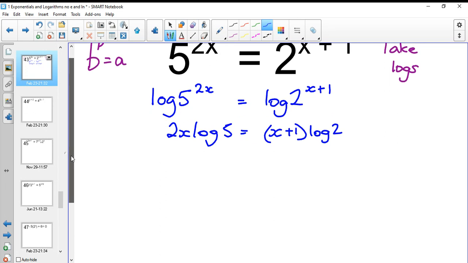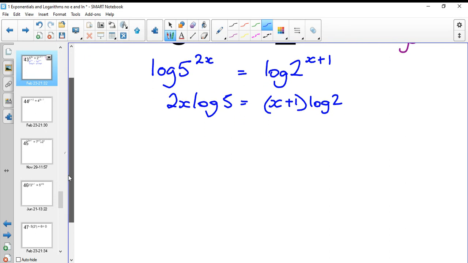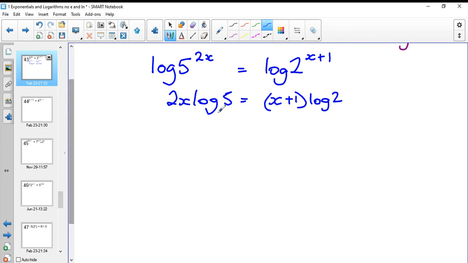So the x is no longer an index, which is going to help us solve now. Now this log 5 is just a number, and this log 2 is just a number. I'm not going to stick it in my calculator and get an answer because it'll be a decimal, so we'll lose accuracy at this stage. So we're just going to leave it in logs.